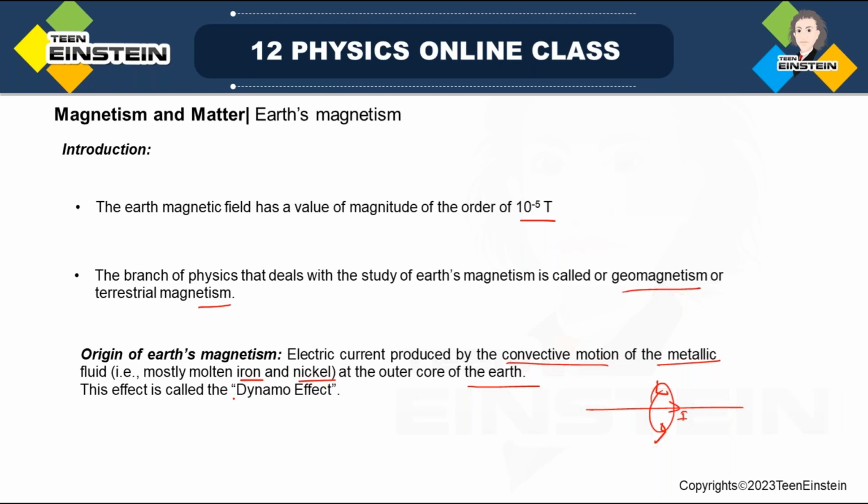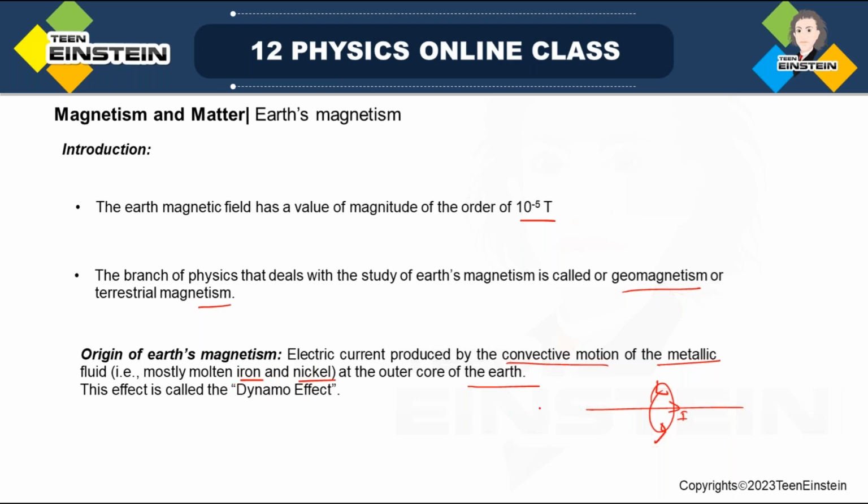So at the outer core, this molten iron and nickel are acting as fluid over there. So molten iron and nickel are in the form of metallic fluid.